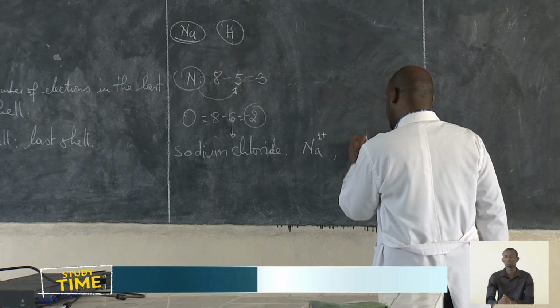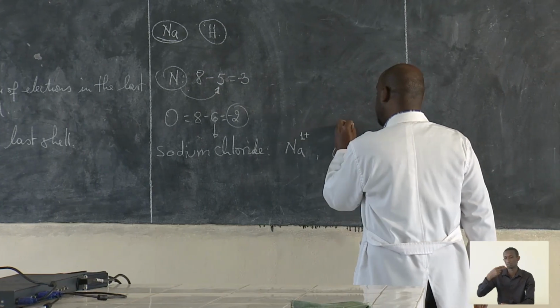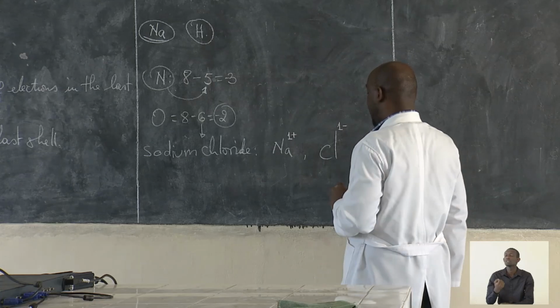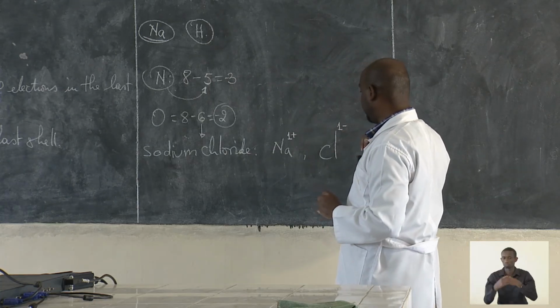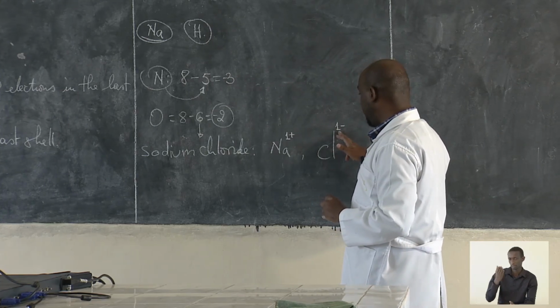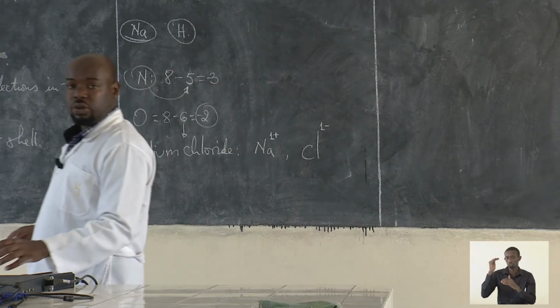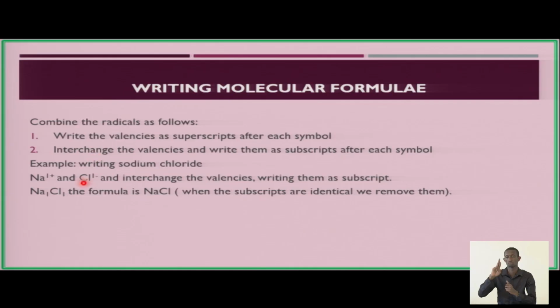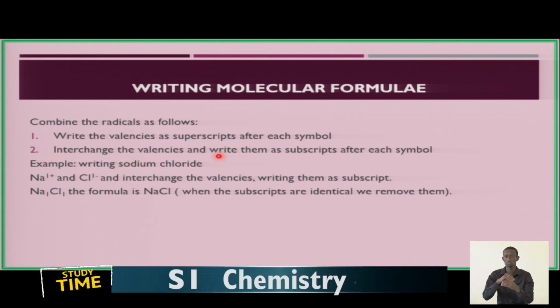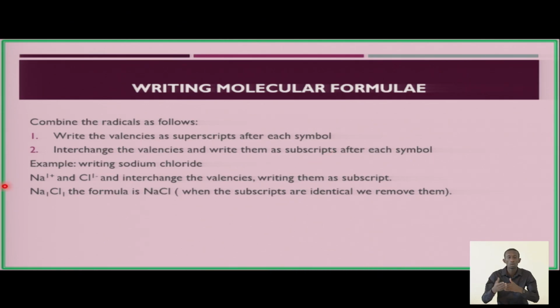We also have the chloride ion, which has 1 negative as its valency, and we'll also write it as a superscript. On point number 2, we interchange the valences and write them as subscripts after each symbol.